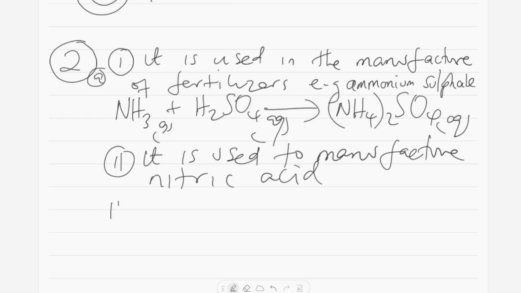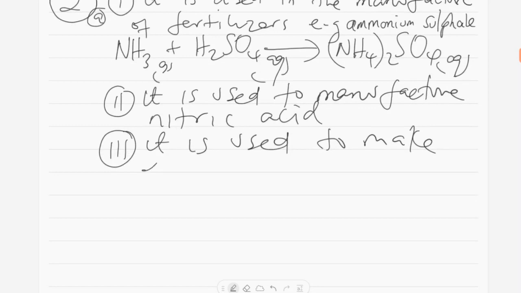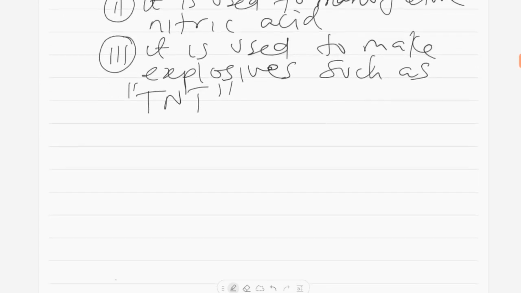Because of this purpose, you can also add to say it is used to make explosives such as TNT. TNT is just trinitrotoluene.